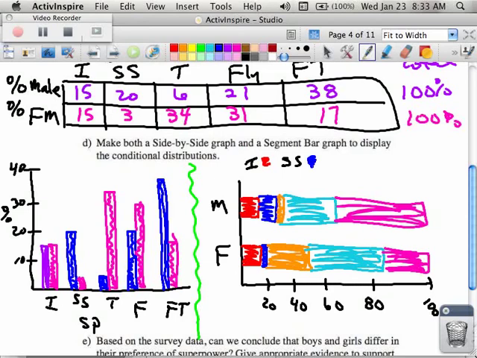And my telepathy was orange. And my flying was light blue. And then my freeze time was pink. And then that way, again, the reader knows exactly what you're doing.